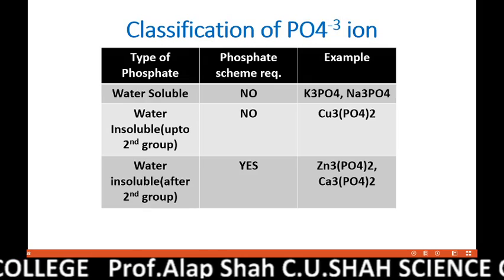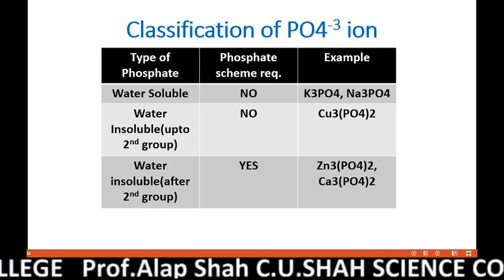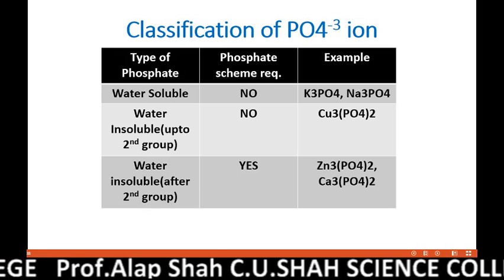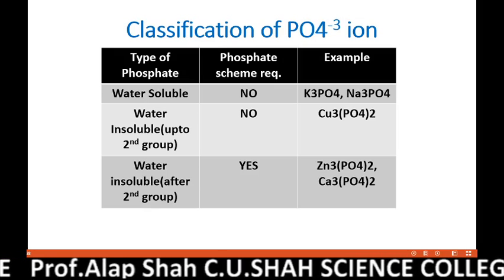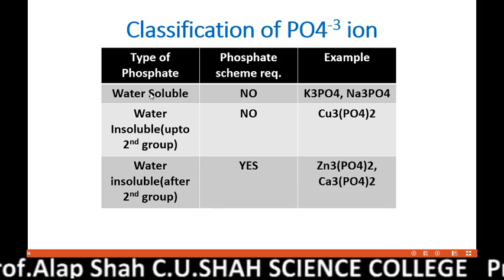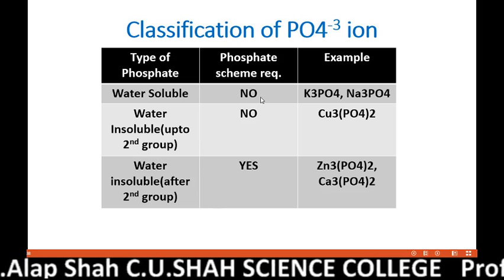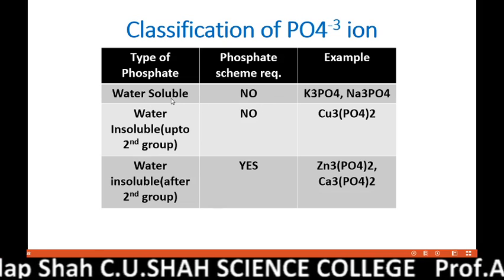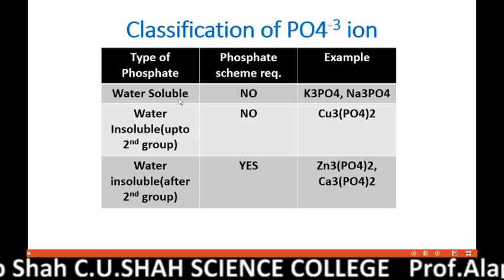So if we summarize the whole discussion, we can say that there can be three types of phosphates given to you. First, water soluble phosphate. There is no question of performing the insoluble phosphate scheme because your compound is soluble.